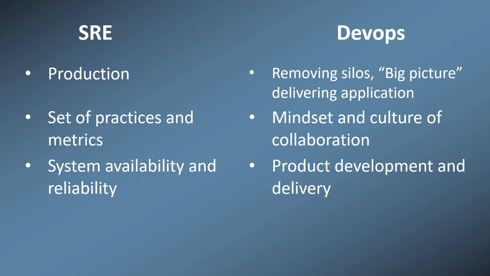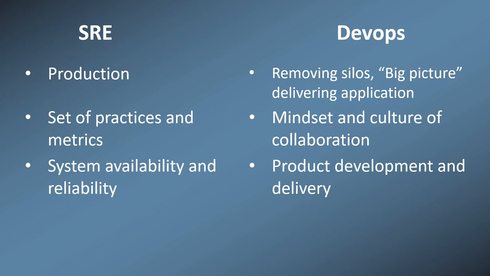SREs, on the other hand, do not care much about product. I mean, they might be deploying product, but that's mostly for their own internal usage. SREs are more focused on system availability and reliability. Is the system running? Is it available at all times? That's the focus of SREs.